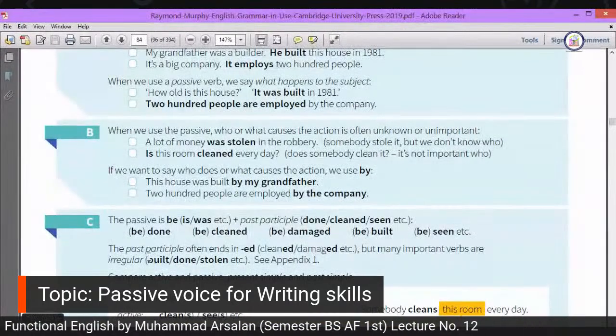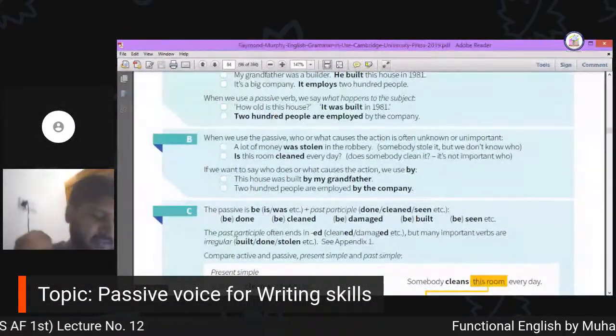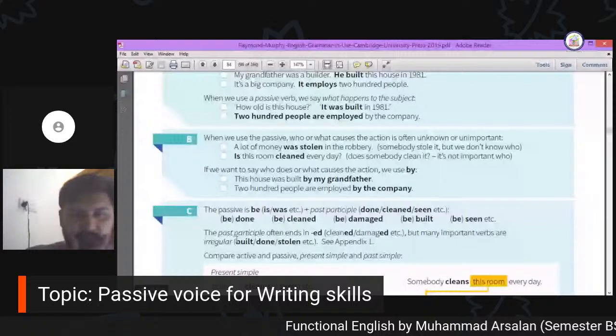Okay, here we are. What is the structure of the passive? Now let's look at what the structure of the passive is. It's pretty simple.